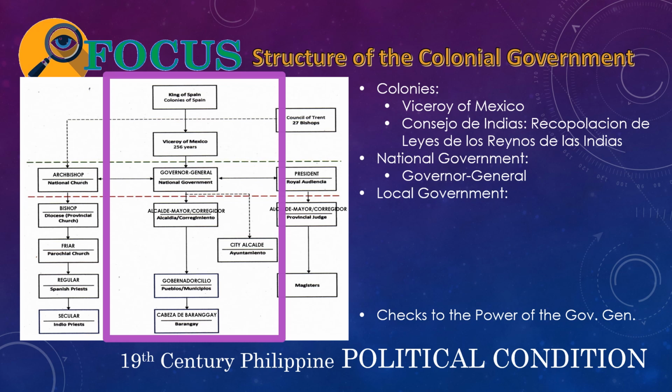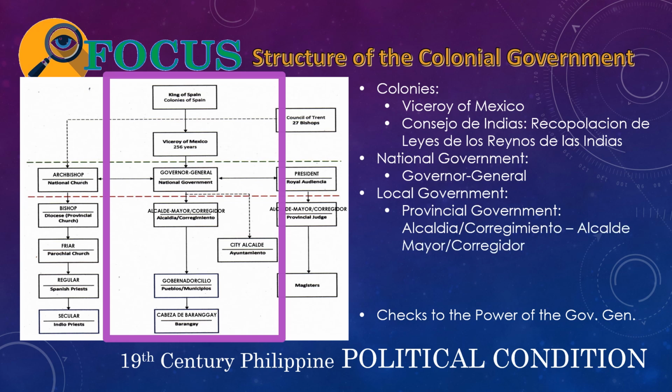The archipelago is divided into different provinces under the leadership of the Alcalde Mayor. The power is the same as the Gobernador General, but the jurisdiction is only in the province, and he had a salary of 1,500 per annum.